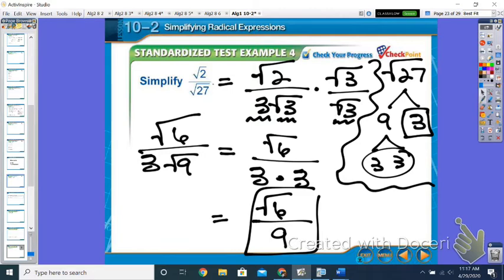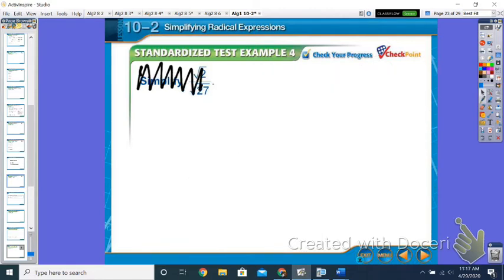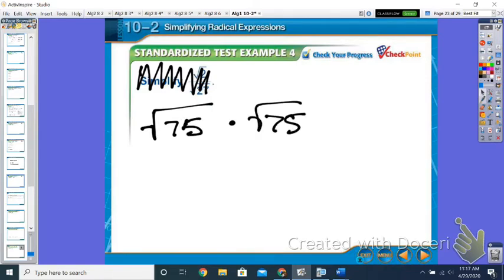Okay, so hopefully you have all that. Let me get rid of this. I'm just going to use this slide to show you a little shortcut. Let's do some crazy numbers. Let's say square root of 75 times square root of 75. If I wanted to do a factor tree on it, I could.